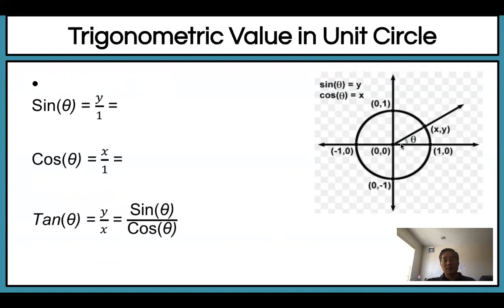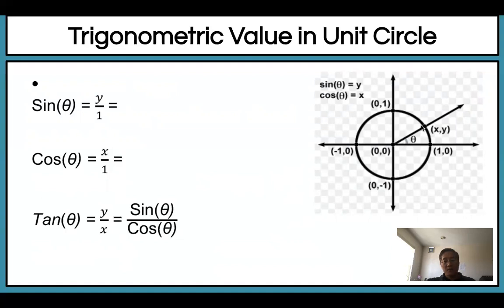You make a right triangle here. If you have the angle in quadrant 2, you make a right triangle here, right? So now you have one leg, this one is x, and the vertical line is y. Then for the angle, sine is opposite over hypotenuse.